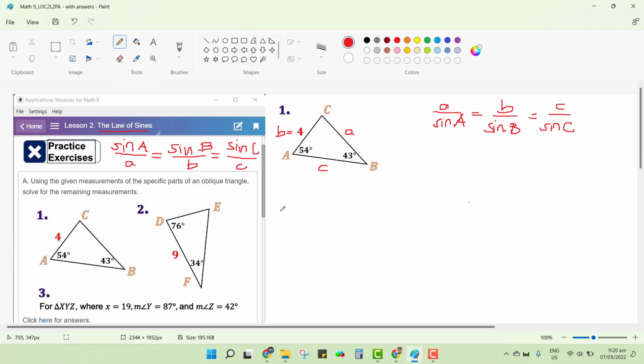As we go through item number 1, 2, and 3, we are also going to highlight specific types of oblique triangles that can be solved under the law of sines.